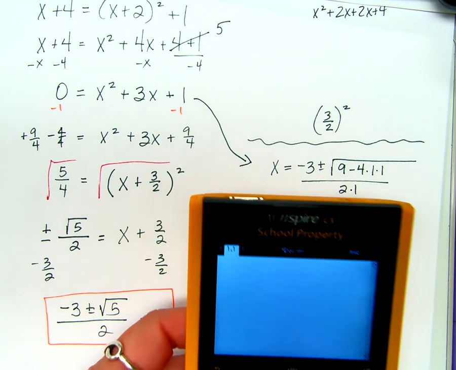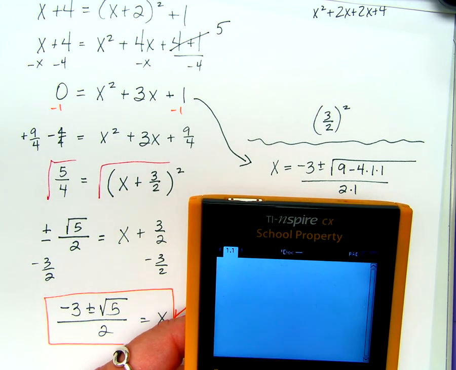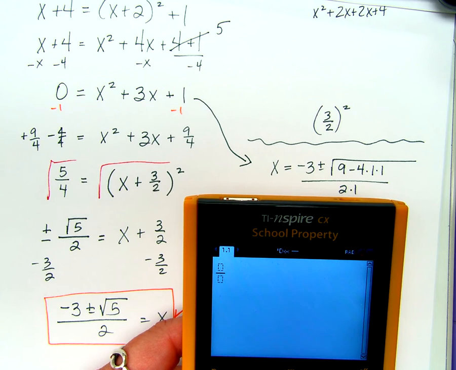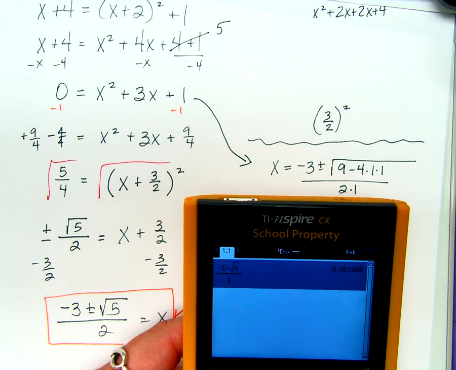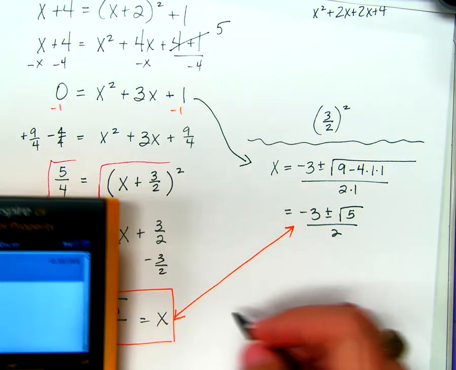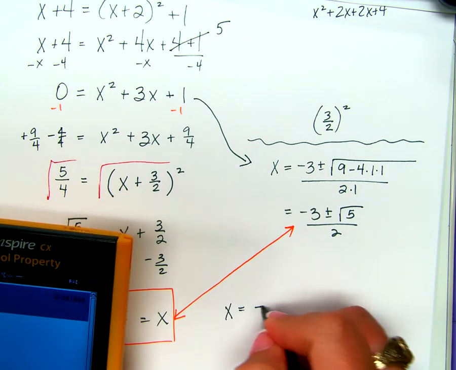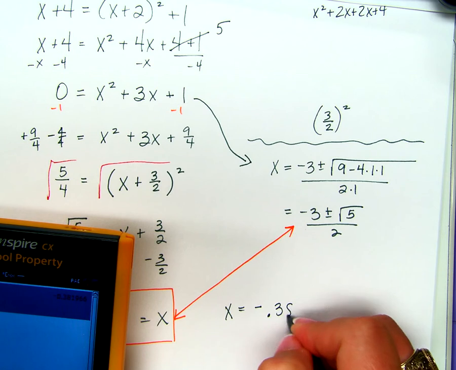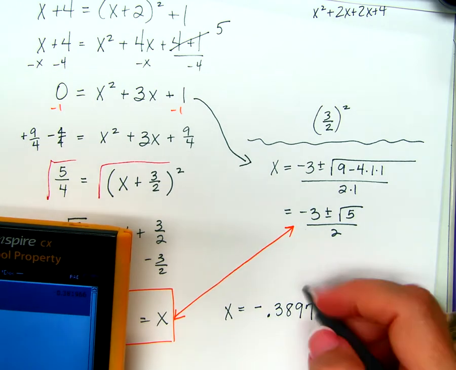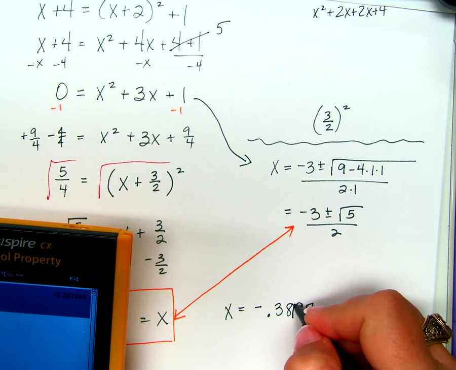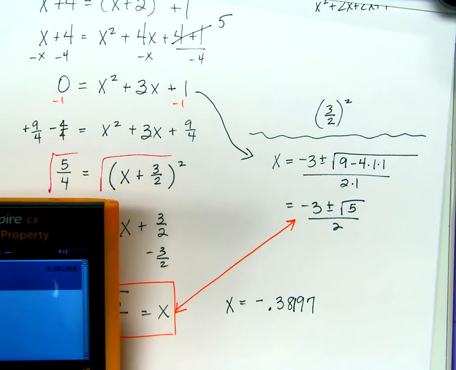And I need to say, in a fraction, -3 plus the square root of 5 over 2. X equals -0.38197. Oh, sorry, I missed a number.